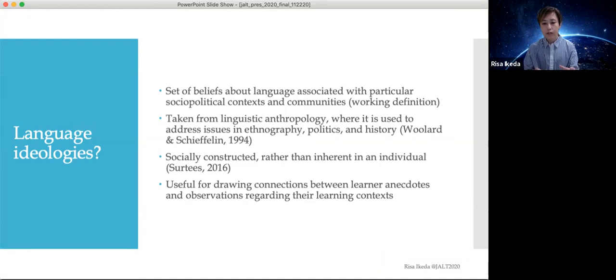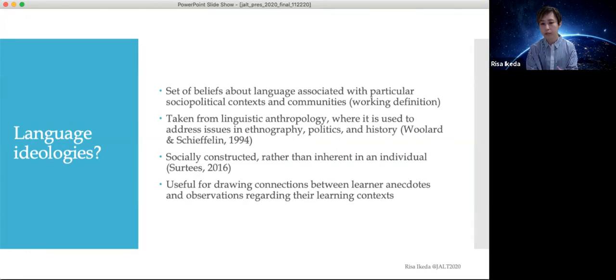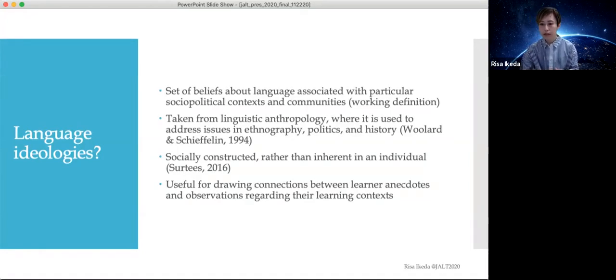It's not only this student who believes that vocabulary or grammar is important. This student got this belief because they grew up in an environment where they had to study for entrance exams, where they were taught that vocabulary is important, where they were taught that grammar is important, and maybe communication wasn't emphasized so much. But as you can see, it's connected to the social context that student was in.